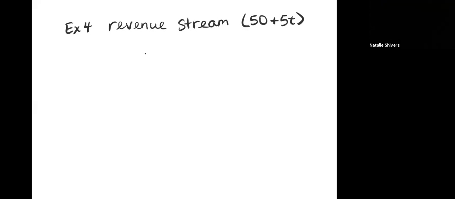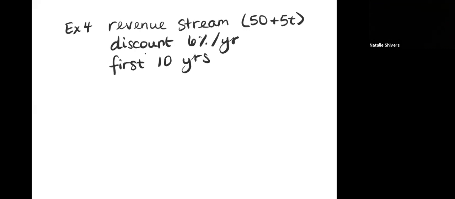It says we're discounting, again, we're not earning money, we're discounting at 6% per year for the first 10 years. Okay, and we're compounding continuously.